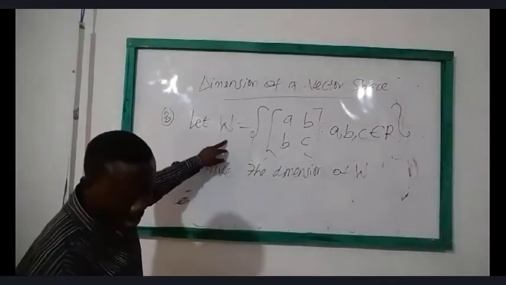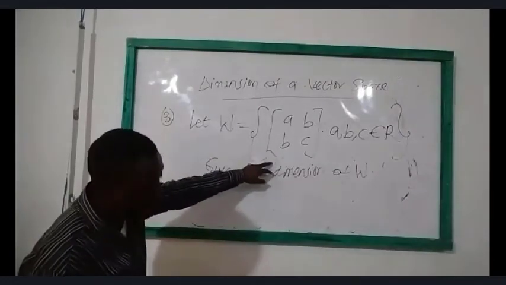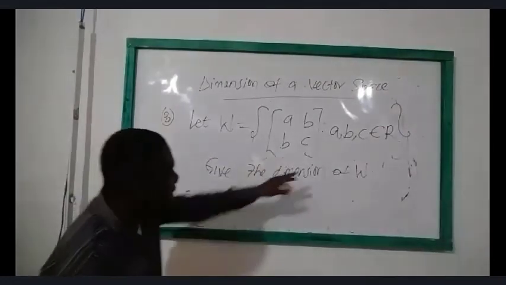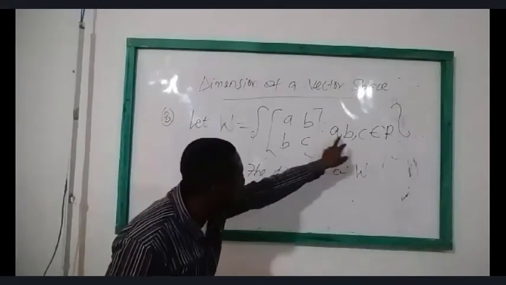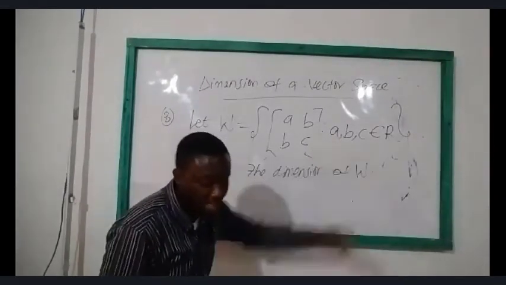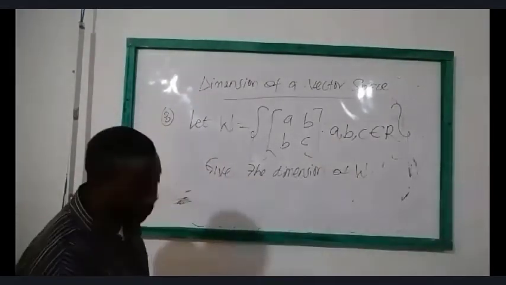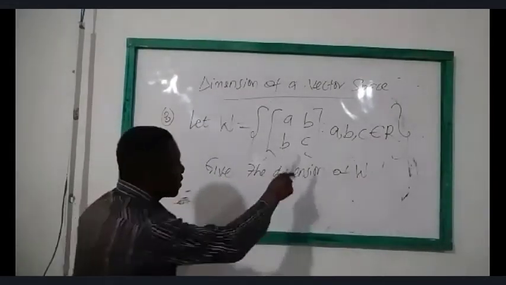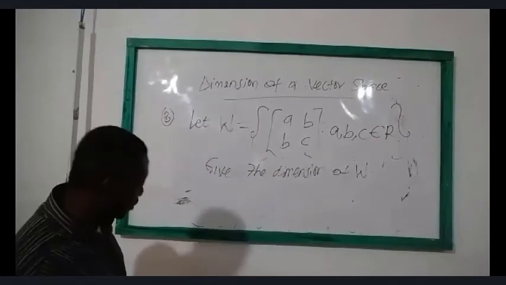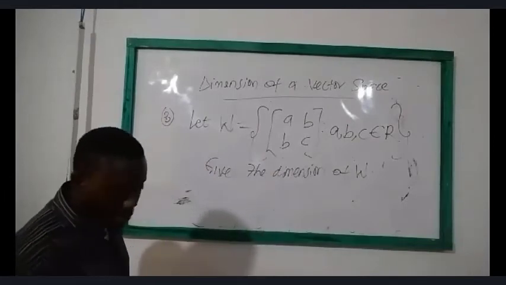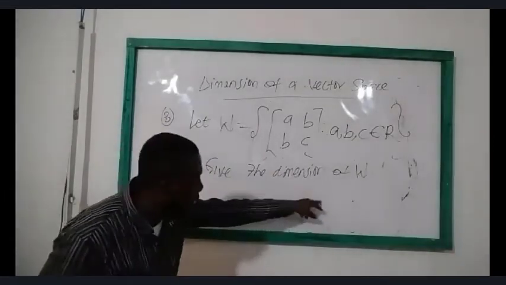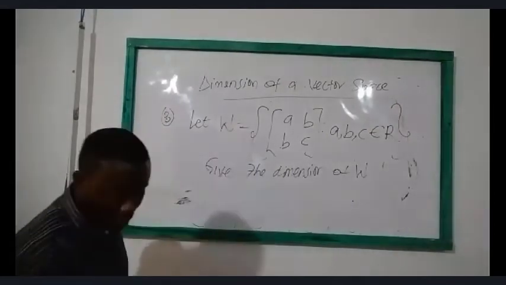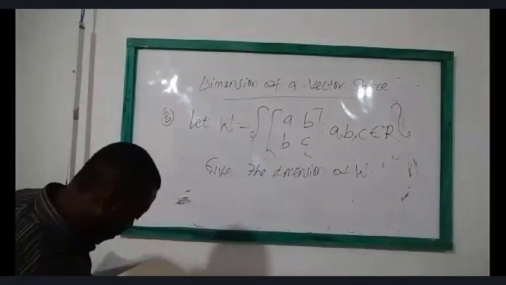We are saying that we can form any matrix by this definition, since we can pick any number to represent A, B, and C. Any real number A, B, and C can form a matrix out of this. So we are looking at the dimension we can get from this.